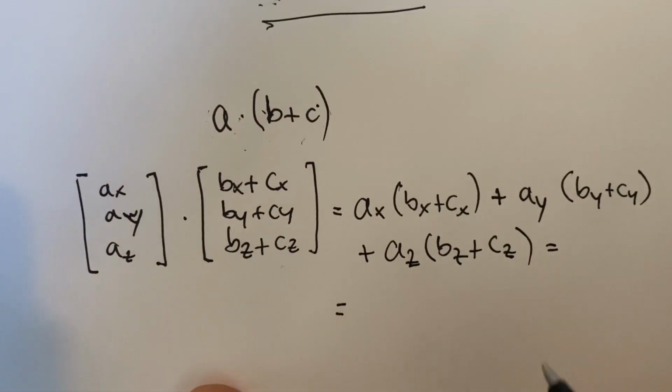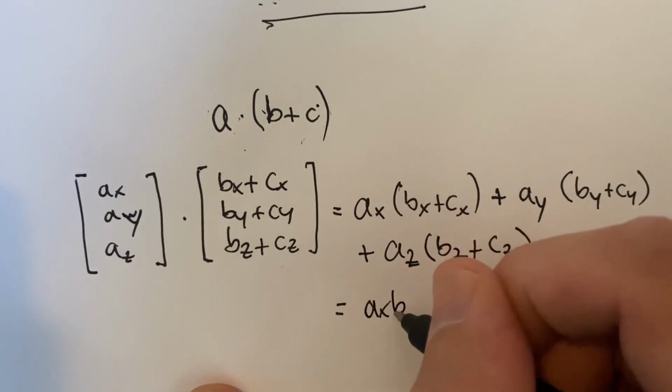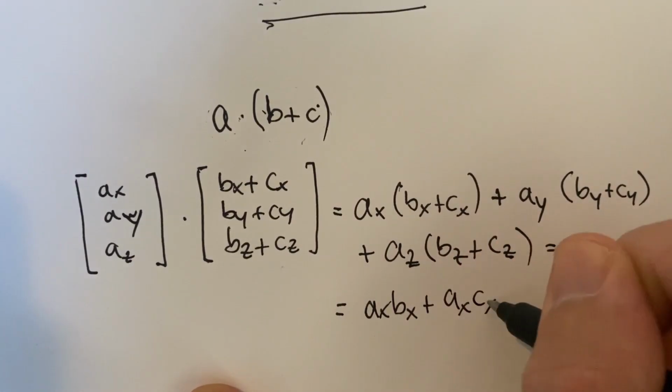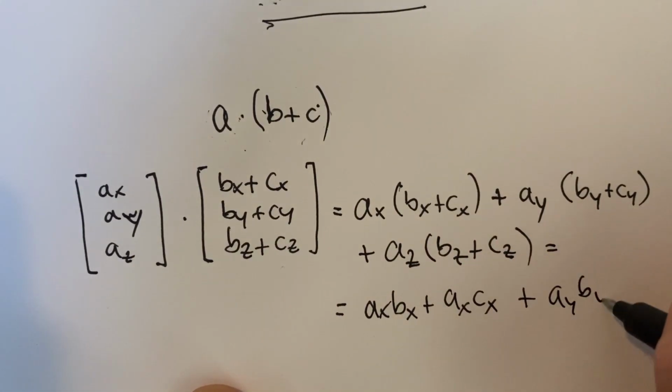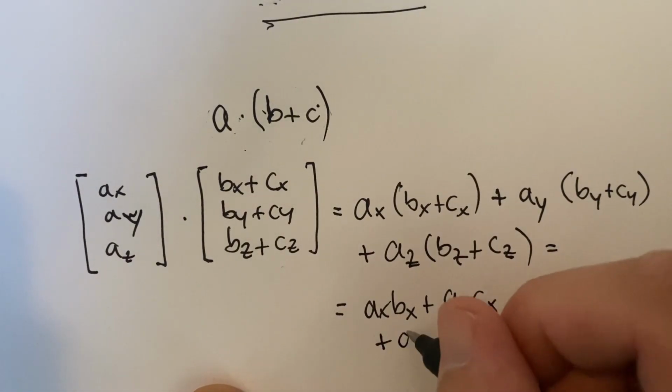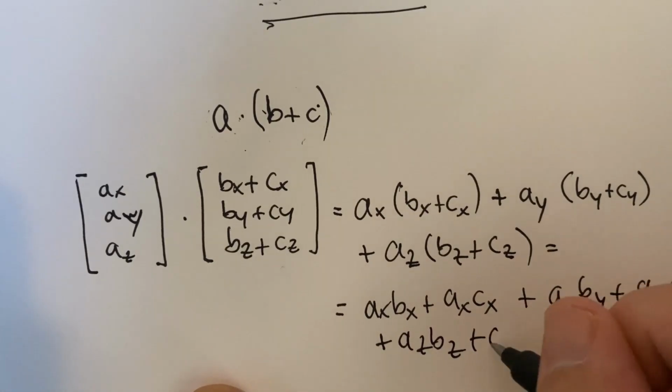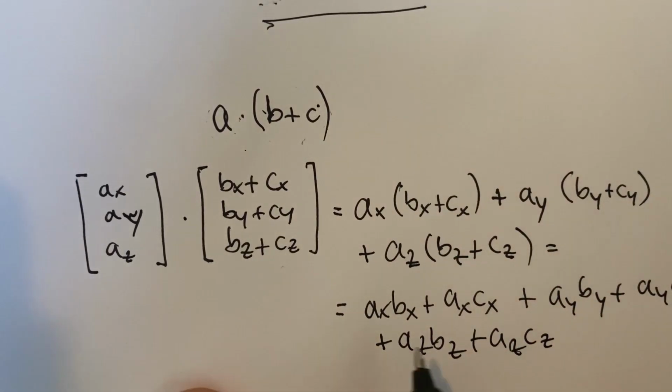And then we can write ax bx plus ax cx plus ay by plus ay cy plus az bz plus az cz.